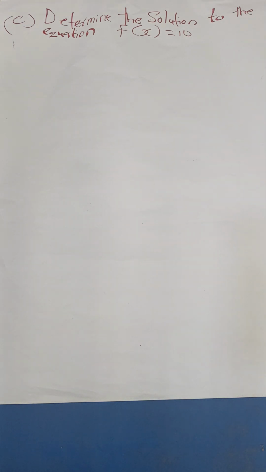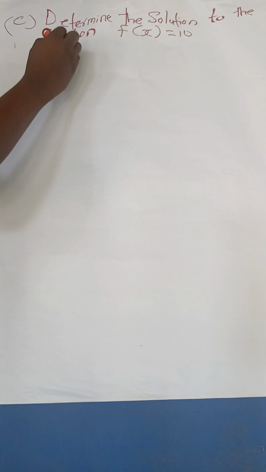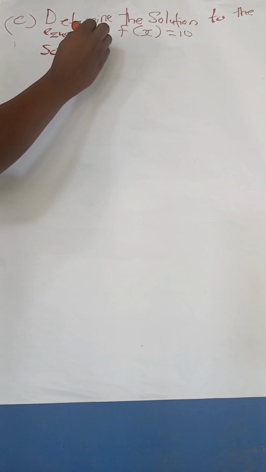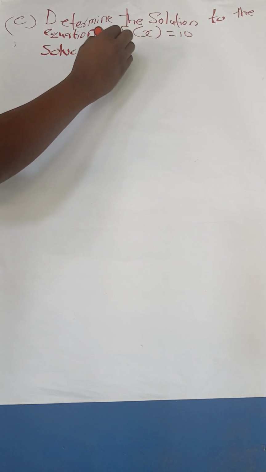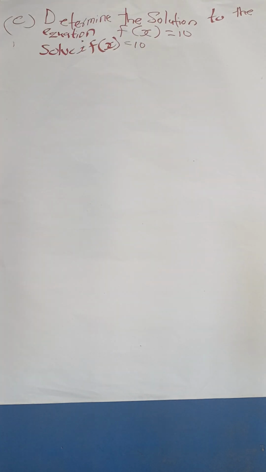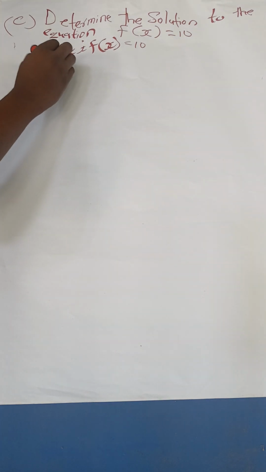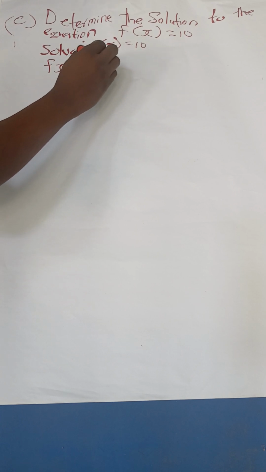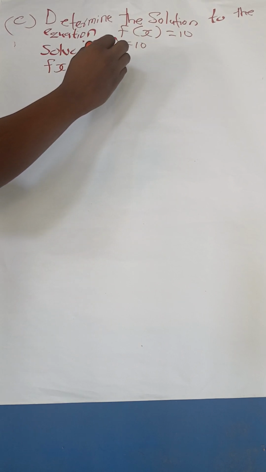We have to solve for f(x) equals 10. You remember very well that initially, in the original part, we were given f(x) as 3x minus 2.